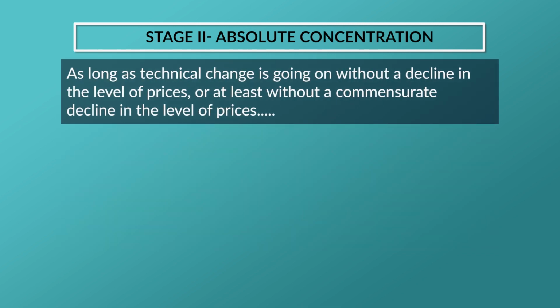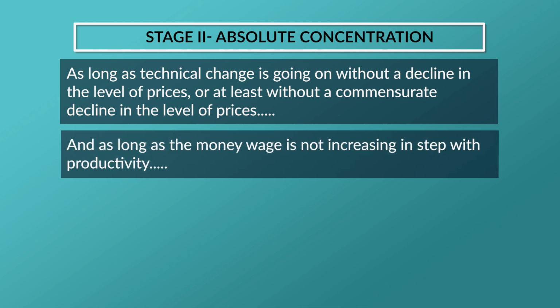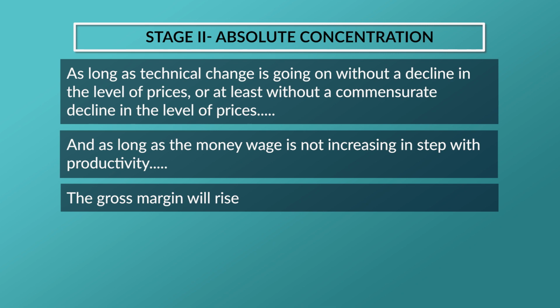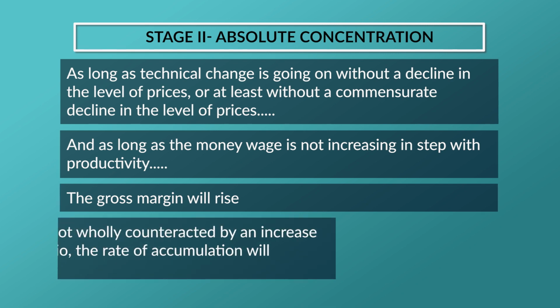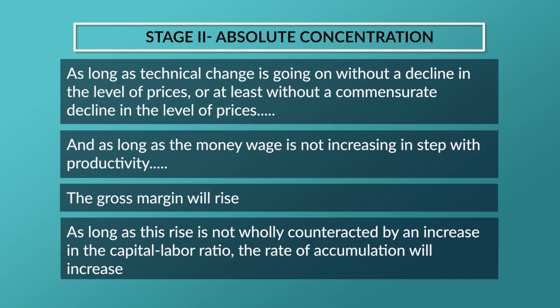As long as technical change is going on without a decline in the level of prices, or at least without a commensurate decline in the level of prices, and as long as money wage is not increasing in step with productivity, the gross margin, that is small e in our expression, will rise. As long as this rise is not wholly counteracted by an increase in the capital-labor ratio, the rate of accumulation will go on increasing.